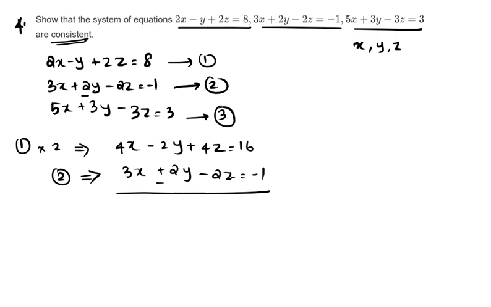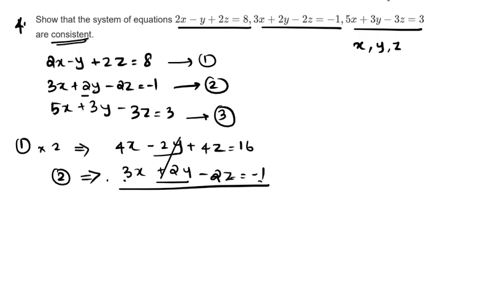Now, subtracting this, while you are subtracting, change the sign. So the plus will become minus, minus will become plus. But as we see in the given equations, here we have minus 2y and here we have plus 2y. So in this case, there is no need of subtracting. We are going to add it.